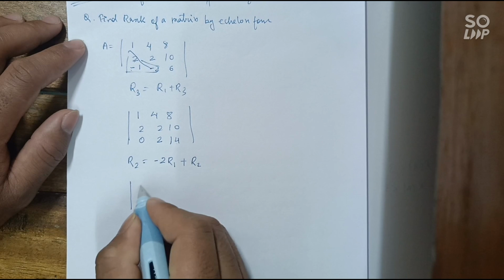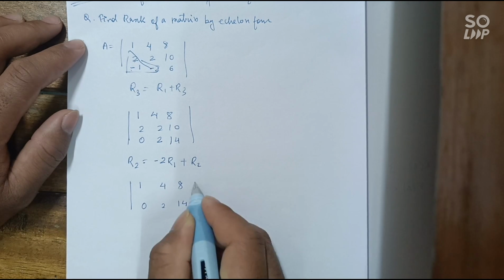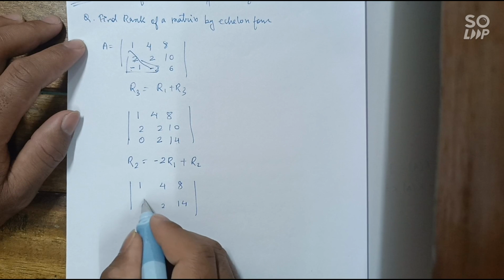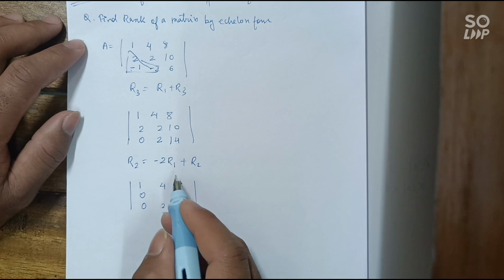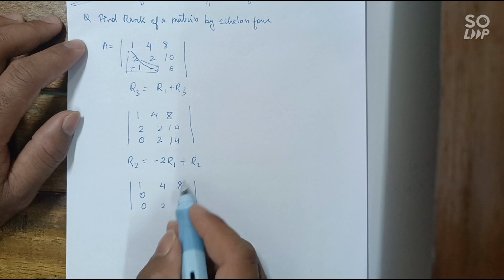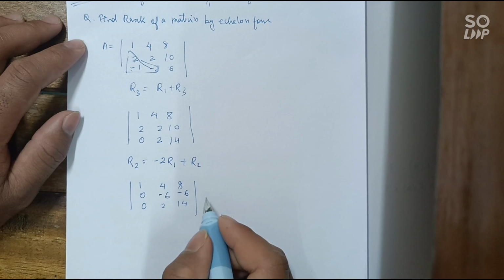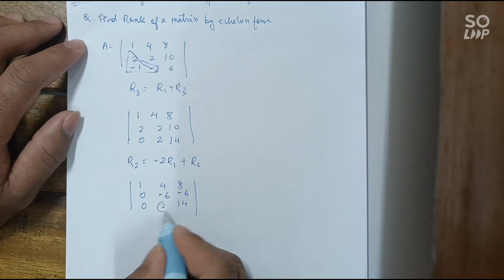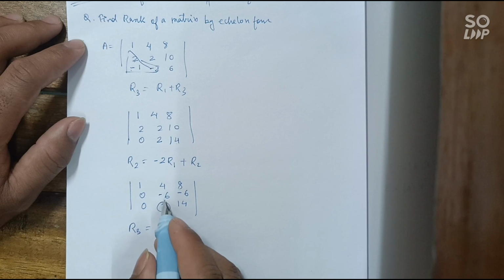So here we get 0, and then we get -2 of R1 plus R2, so we get here -6 and -6. Now we also need this to be 0 here, so let's take R3 equals, if we divide this by 3 and then add it to row 3, then we'll get 0 here.